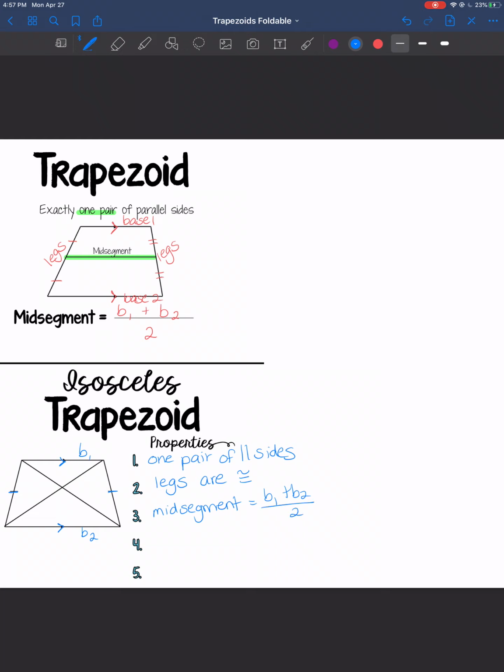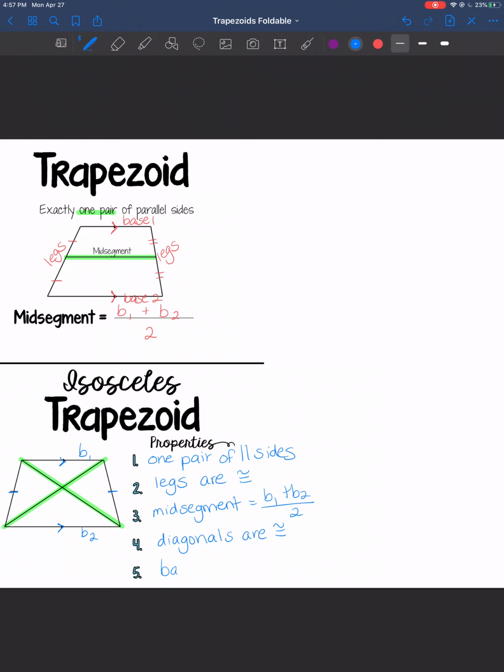The fourth property deals with the diagonals, so I'm going to highlight those for you. The diagonals are congruent in an isosceles trapezoid. Now they don't bisect, and you can tell that visually, but they are the same length across the shape. And the fifth thing has to do with angles.